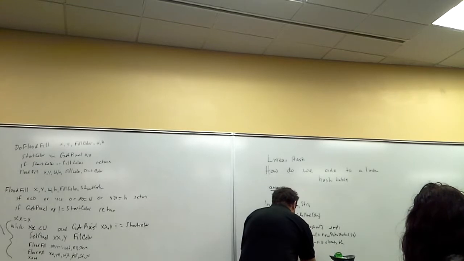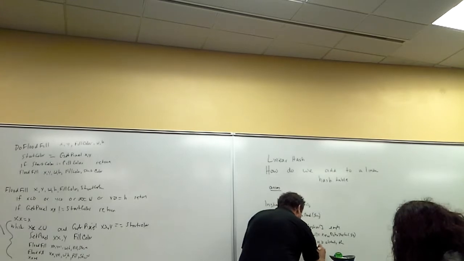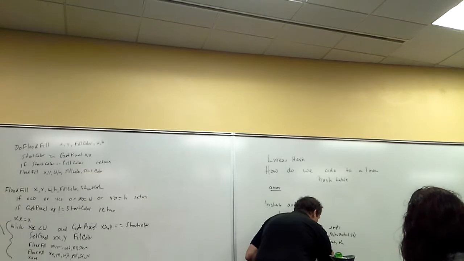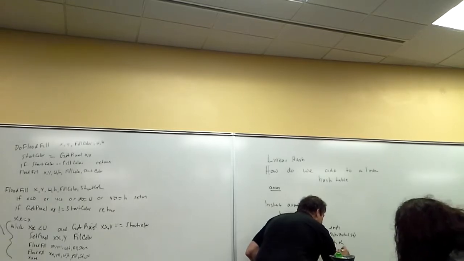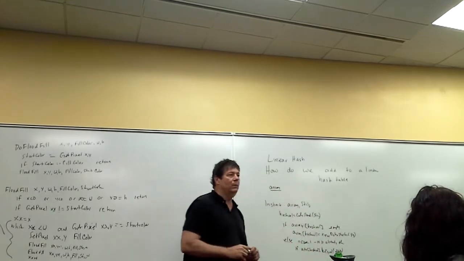So, if array sub hash value, I'm going to make something up right now, is equal to the new data structure, we'll just say string. So if it's equal, what should we do?